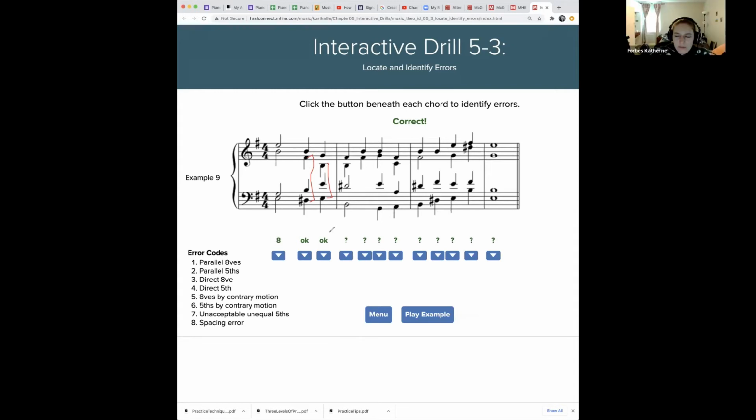Does it have to? I don't know, maybe we're getting the definition mixed up. It's possible. Let's read that. Where is that definition? Contrary fifths and octaves, also called consecutive fifths and octaves by contrary motion. This means that the composer usually did not correct parallels by moving one of the parts up or down an octave.